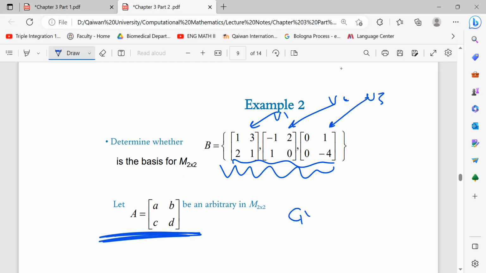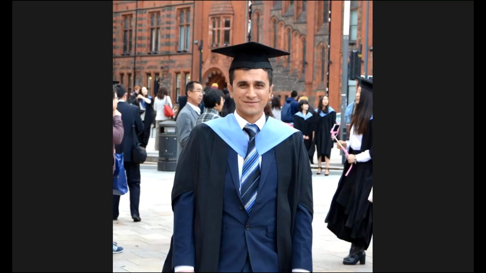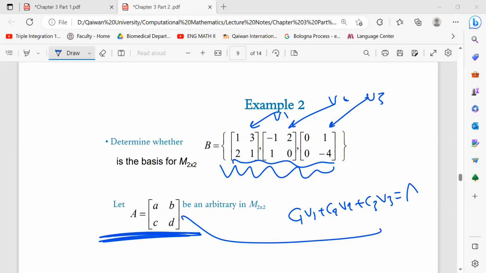We say C1 V1 plus C2 V2 plus C3 V3 equals A. Now we must get values for C1, C2, and C3. We use the reduced echelon form to get the values of C1, C2, and C3 here. This is the first condition.